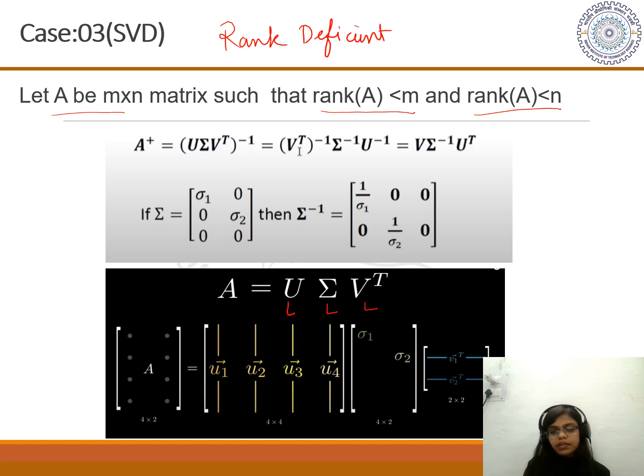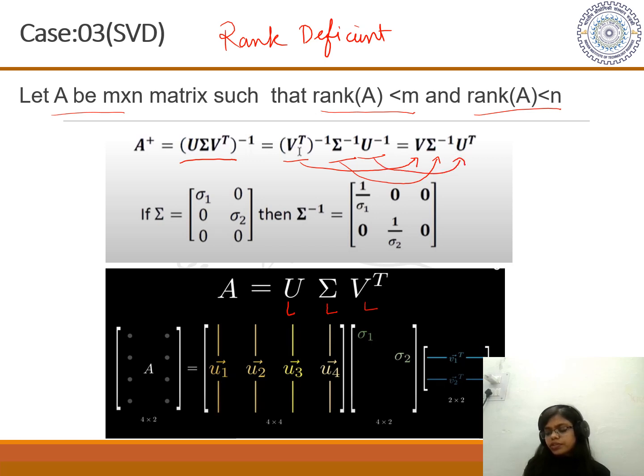So to find the pseudo inverse, we're simply gonna take the inverse of the SVD. Just to simplify it, when we take the inverse, we have V transpose inverse, sigma inverse, U inverse. V transpose inverse is simply V. Then sigma inverse is just sigma inverse, and U inverse is simply U transpose.